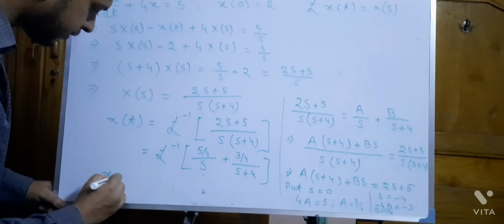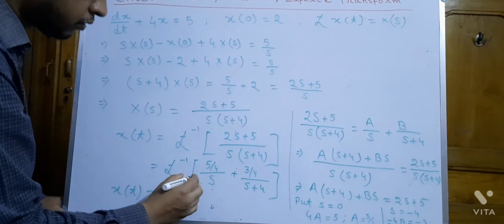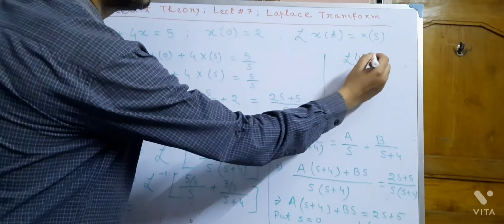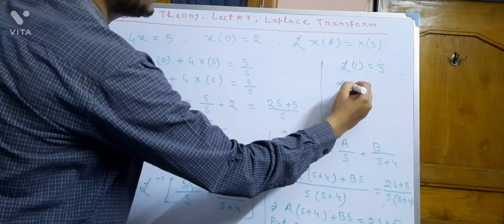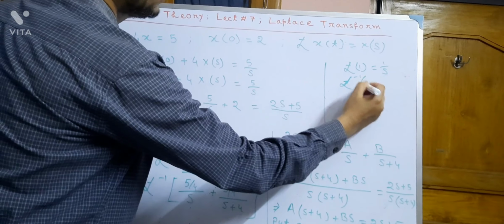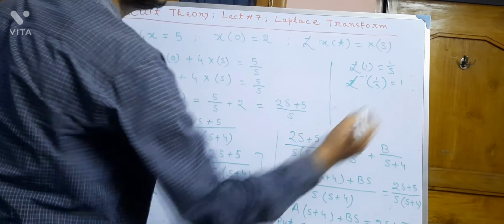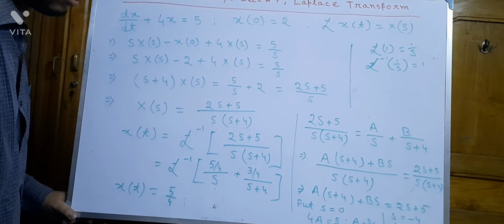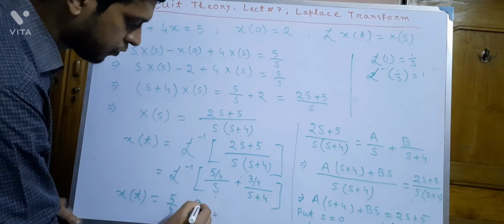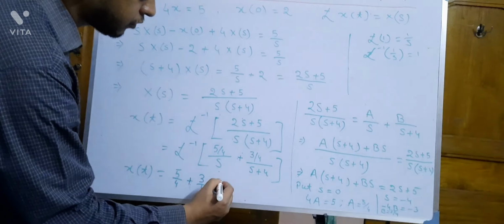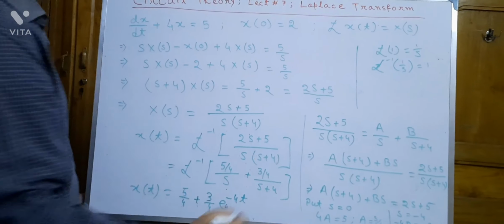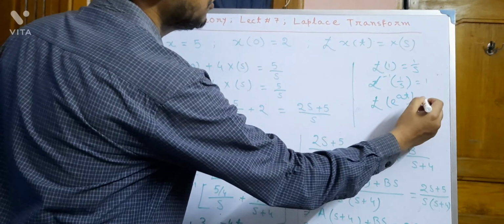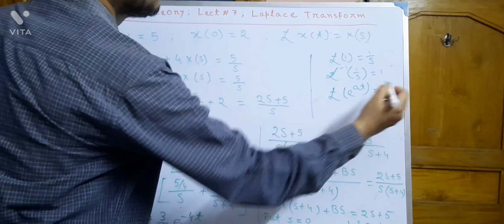Hence x(t) equals, we know that the Laplace transform of 1 equals 1 by s. So the inverse Laplace transform of 1 by s equals 1. So this is 5 by 4 plus 3 by 4 into e to the power minus 4t, because we know that the Laplace transform of e to the power at equals 1 by (s minus a).